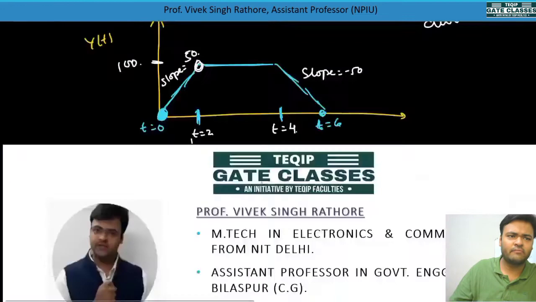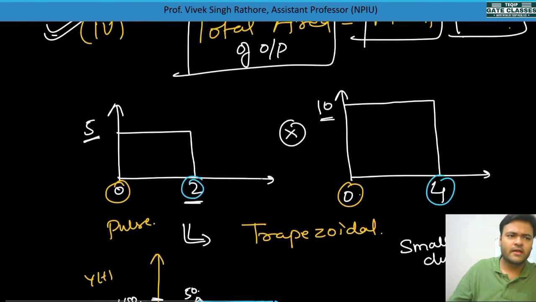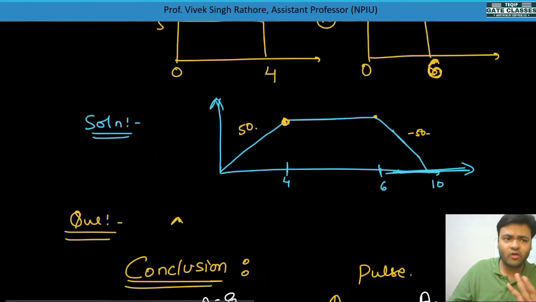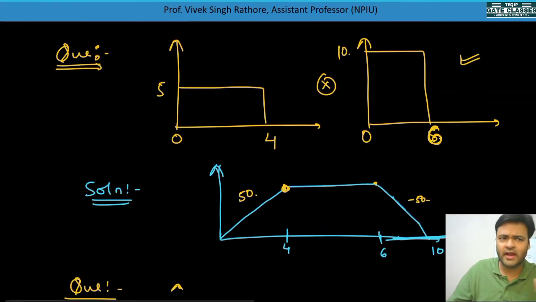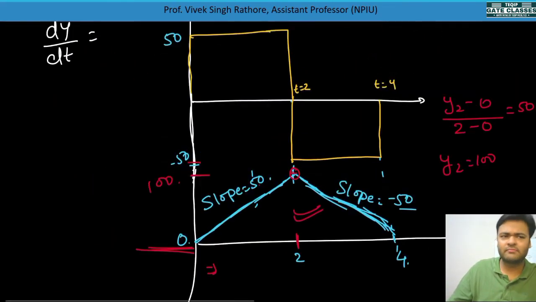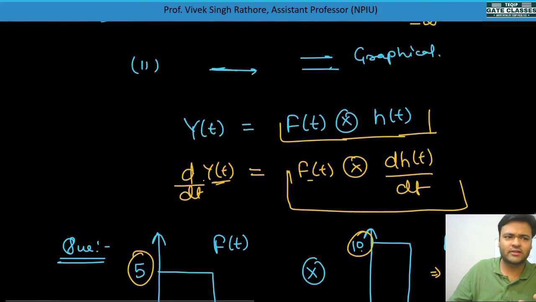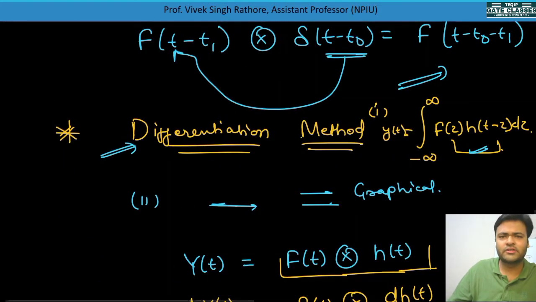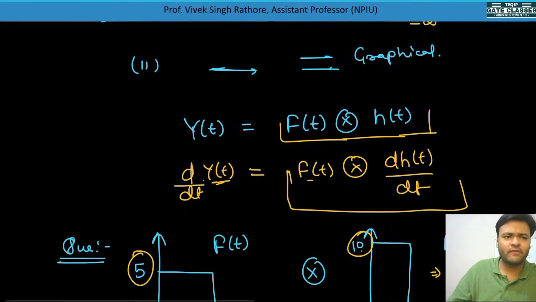And if you are asked about graphical signals, if pulse signals of the same duration are there, you will get a triangular pulse. If they are of different durations, you will definitely get a trapezoidal pulse. And if it is not a standard question, if some different type of question is there, then what you need to do is, meanwhile, you can do differentiation.